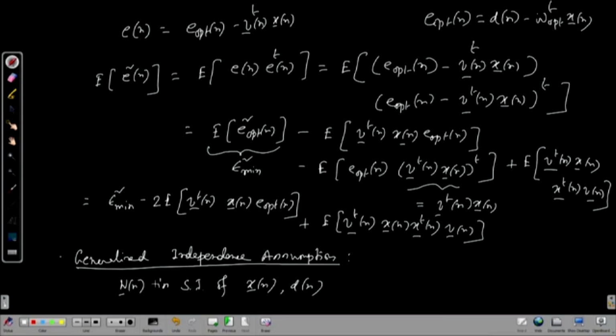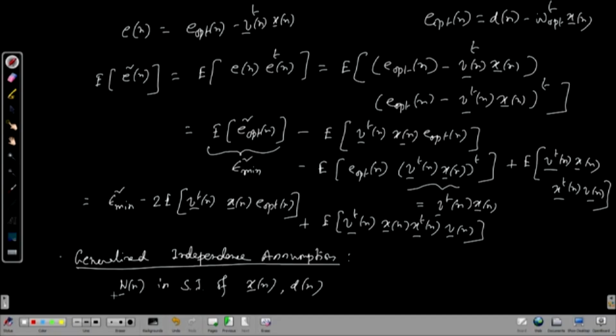If you write W n in terms of W n minus 1, W n minus 1 in terms of W n minus 2 and so on, up to W 0, which is the initial condition, all the other terms involve x n and the corresponding error E n, which again involves d n and x n. This summation, as I explained then, will be largely dominated by terms from the past, because they are the majority in number, and past terms are usually uncorrelated with, or even statistically independent of, current terms.